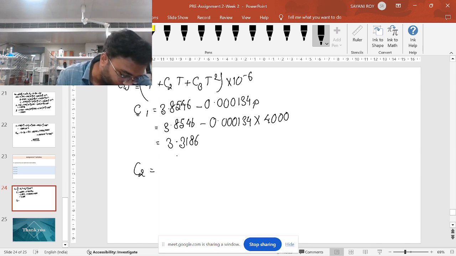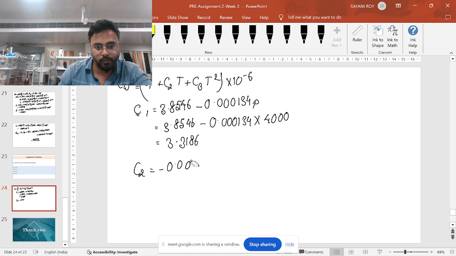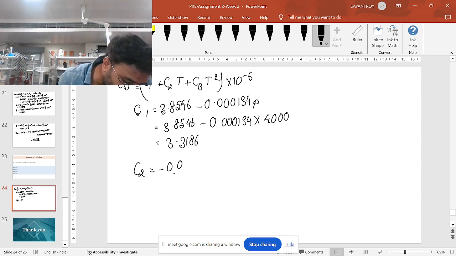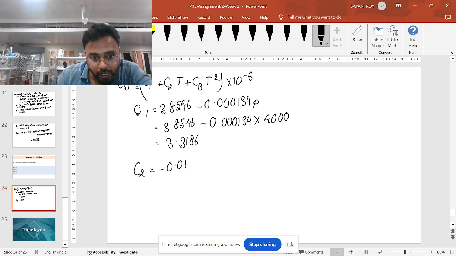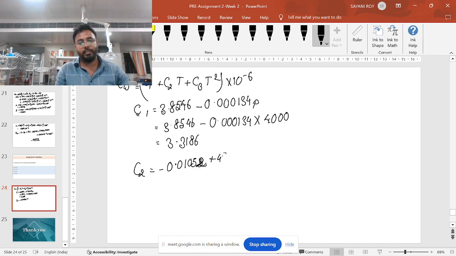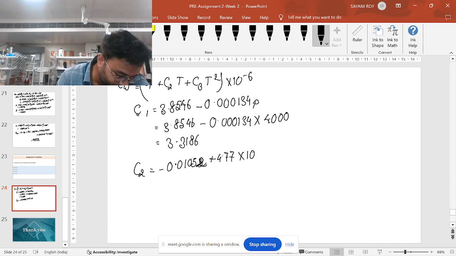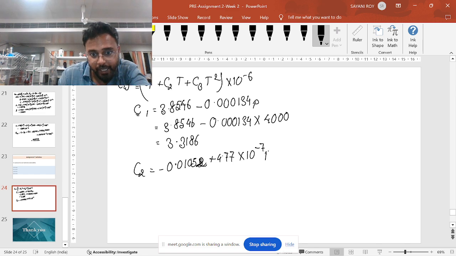For finding C2, the formula is minus 0.01052 plus 4.77 into 10 to the power minus 7 p.